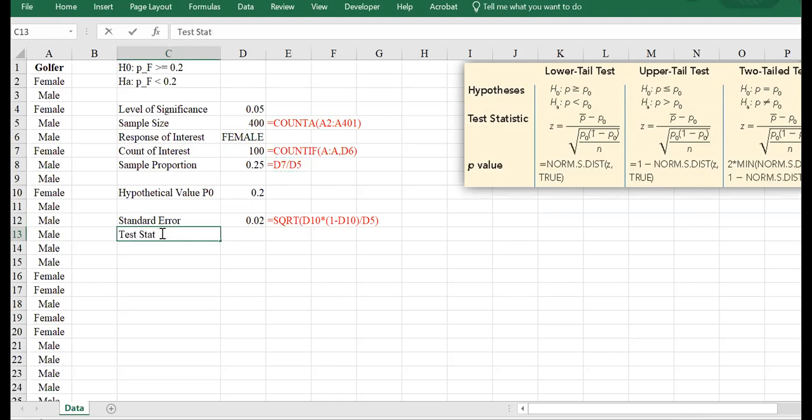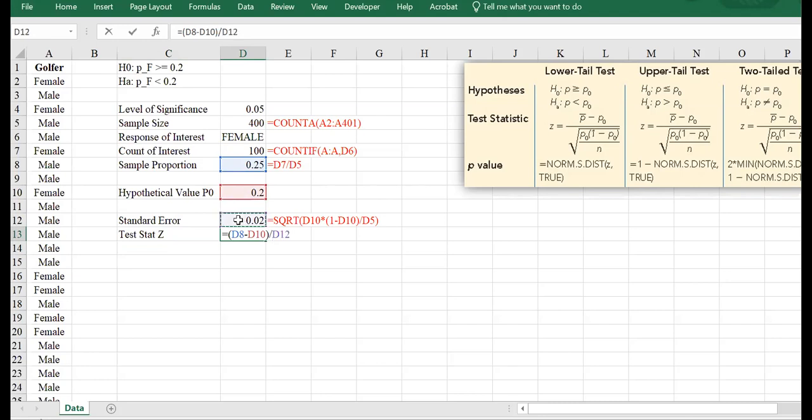The test statistic follows a standard normal distribution, and I'm going to use Z to denote it. So I have P bar, the sample proportion, minus P0, divided by the standard error.